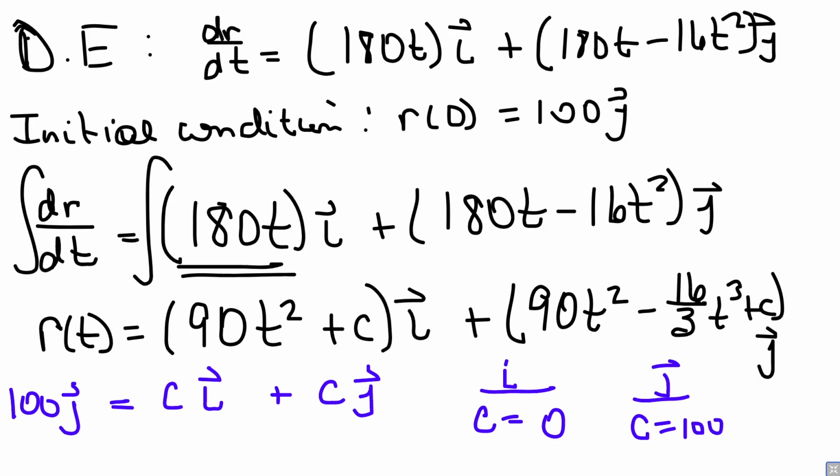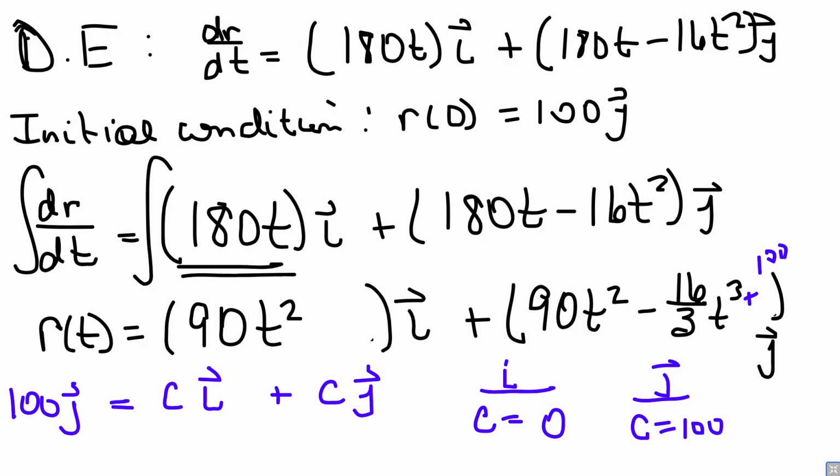So essentially, we're going to get rid of this c here, because we said it was 0. And then this c down here gets replaced with 100. I'll write this, and then we can write this whole thing out on the next page.